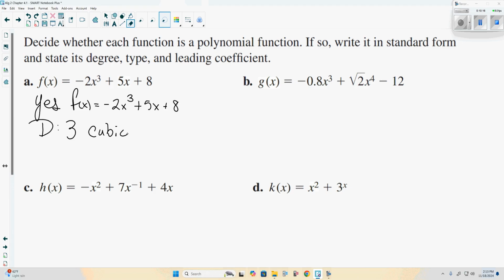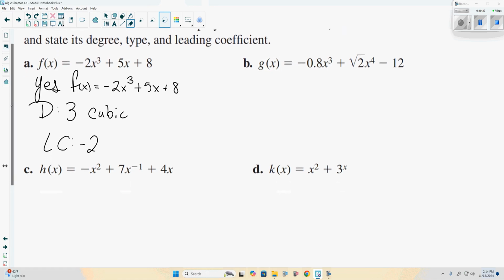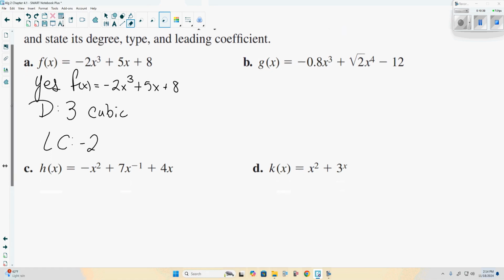Leading coefficient: the number in front of the variable with the biggest exponent is negative 2, because we need the sign. It would be negative 2. Questions on how we did A?